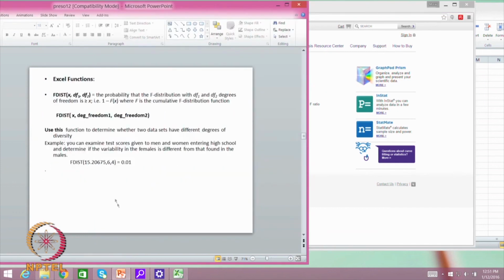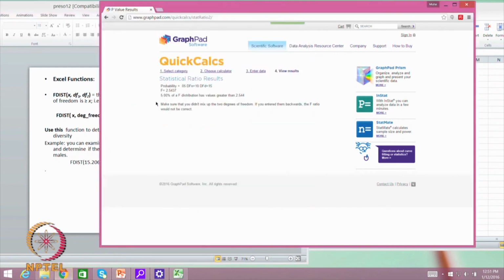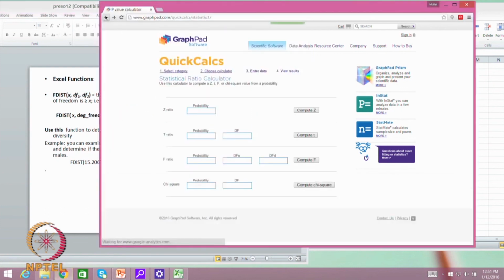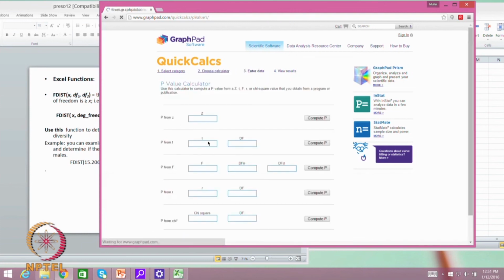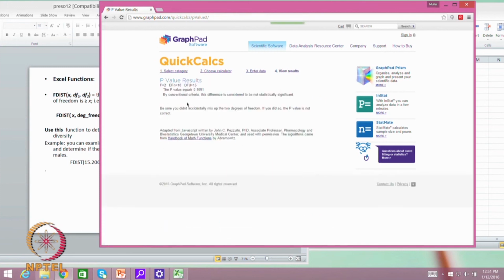So, if we want to do F dist, then obviously we use the other option here. Here we give the F value and then this will give you the probability value, equivalent to F dist. So, it gives you 0.1091, understand.